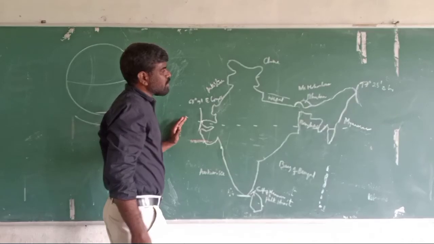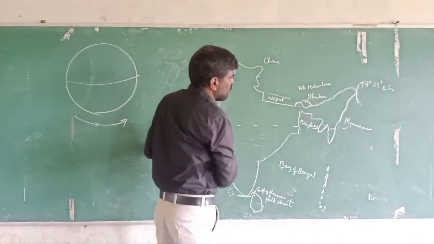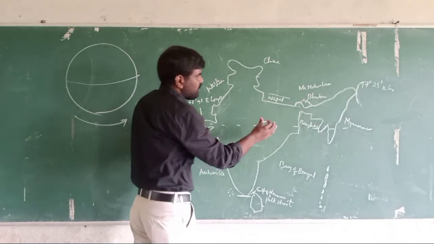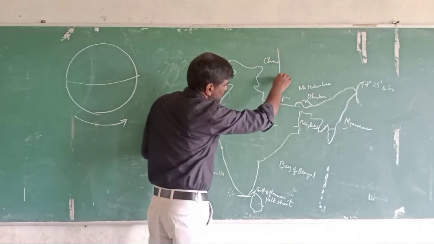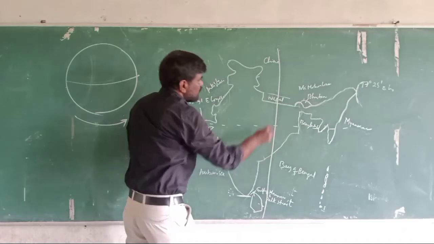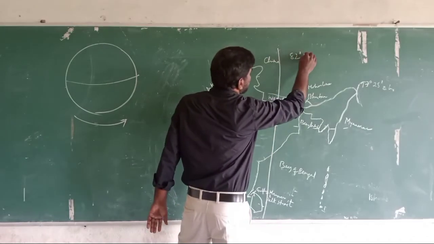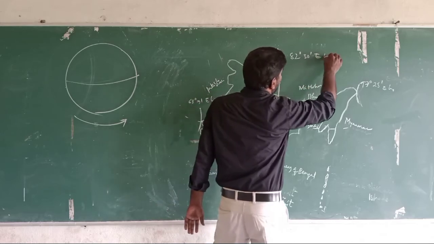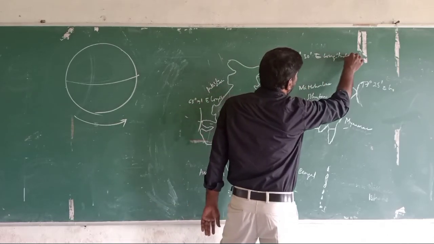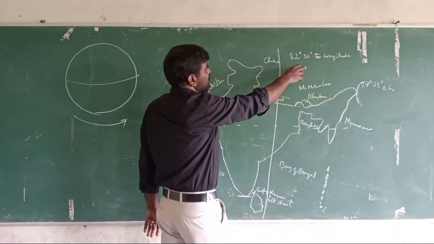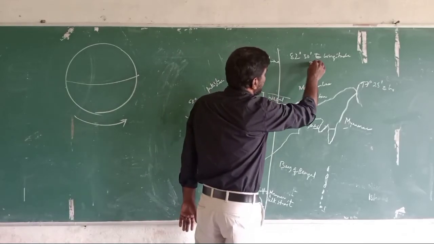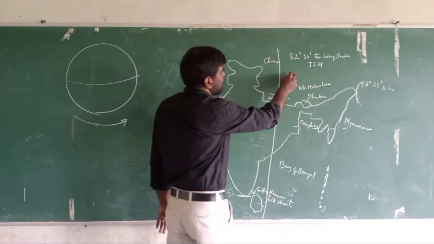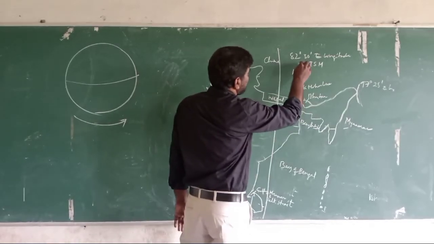So to avoid this confusion of 2 hours of time, we have taken 82 degrees 30 minutes east longitude as India's standard meridian, which serves as India's standard time.